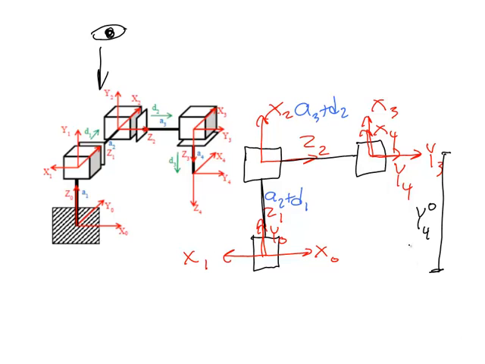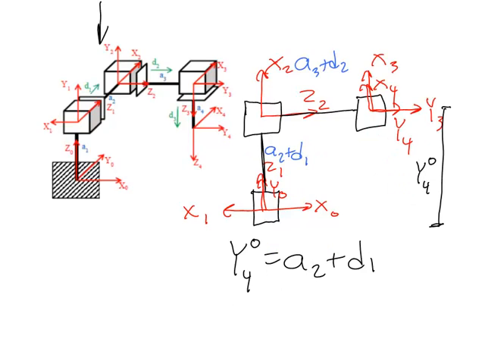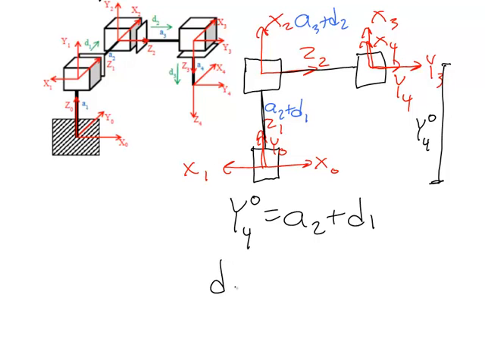So I can write an equation like this. The y position of frame 4 relative to frame 0 is equal to this complete distance, A2 plus D1. I can then rearrange this equation to say that D1 is equal to Y04 minus A2.